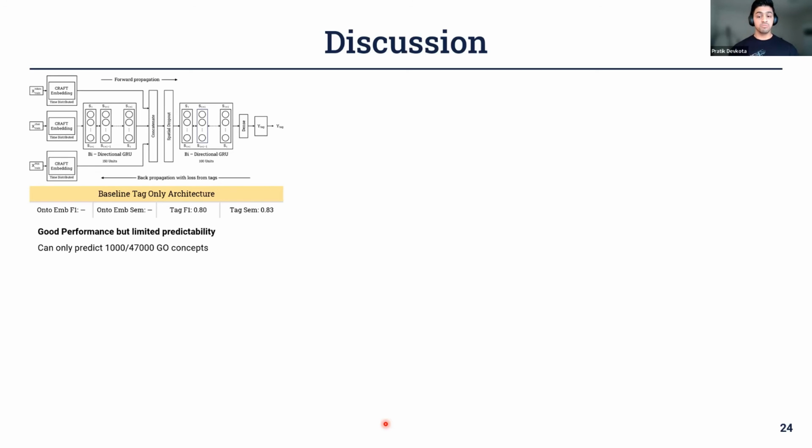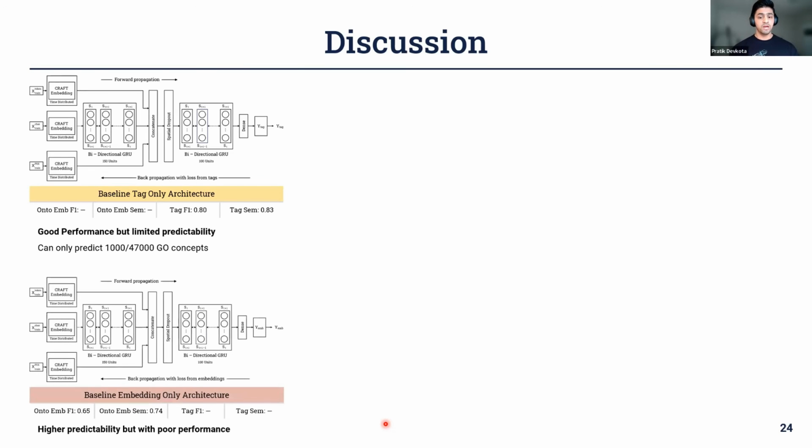Furthermore, this model is not aware of the semantic relationship that exists in the ontology hierarchy. Now with baseline embedding only architecture, the model was able to suggest the concepts that were outside the training corpus, but the model has relatively low scores.